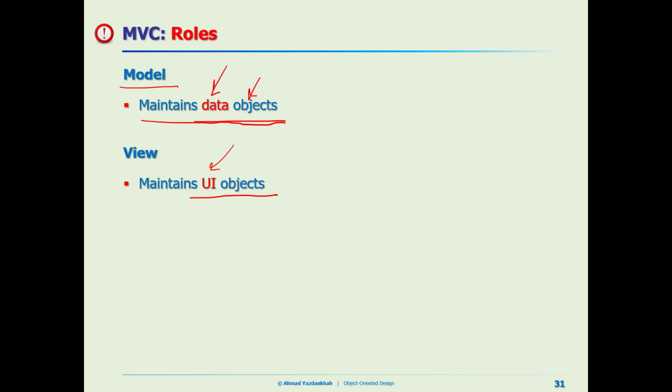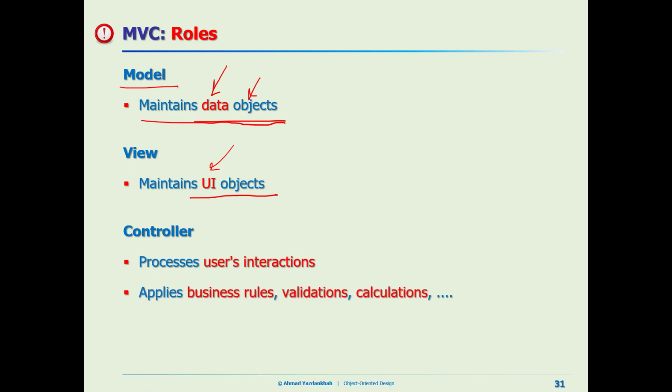And what is the role of the controller? The controller is actually the king here. The controller's job is to process the user's interactions first, and also to apply the business rules, some validations, some calculations. So in fact, the heart of the application is the controller.